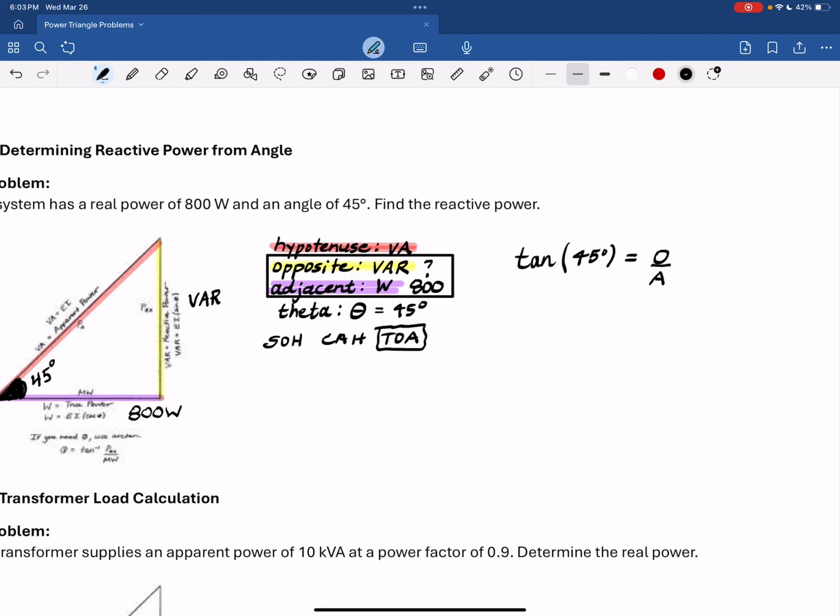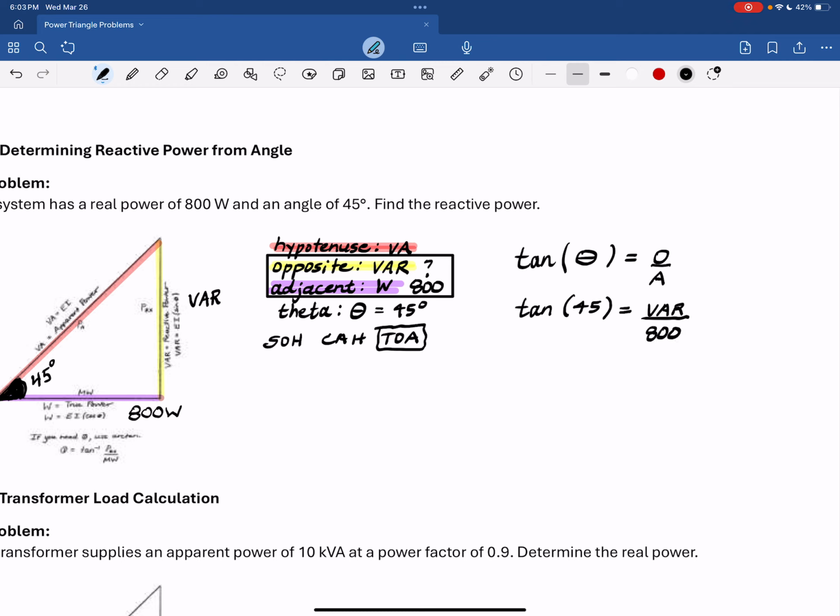So the tangent of 45 degrees, let me do this the proper way. As long as I'm just telling you about tangent, this is the tangent of theta. Okay, then we're going to substitute the 45 for theta. And we're going to put opposite, which is VAR, over adjacent, which is W, but I know a number for that one.